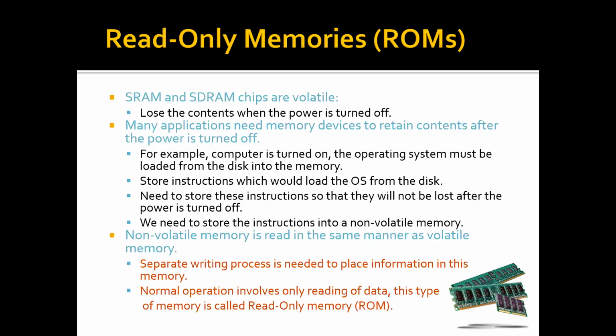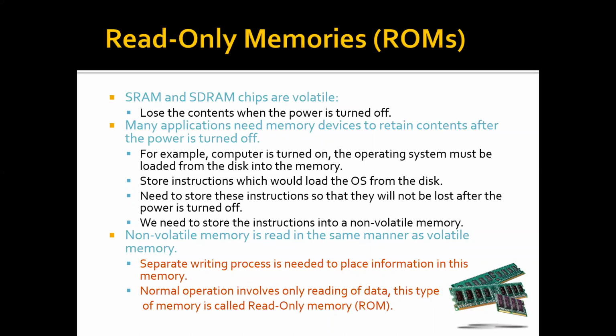Like we have in our computer, when you switch on the computer, you will see that lights glow on different components of the computer. That is called the power-on self-test, and it has some information to load the operating system into the memory.